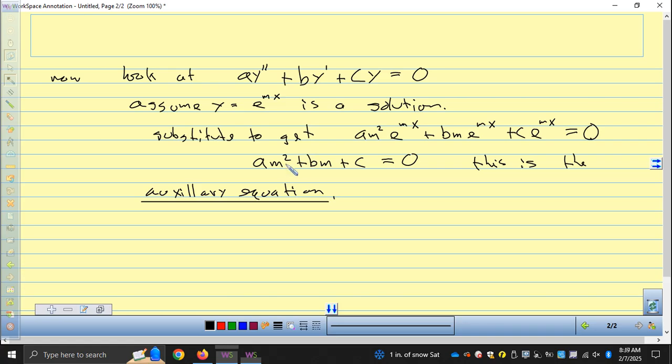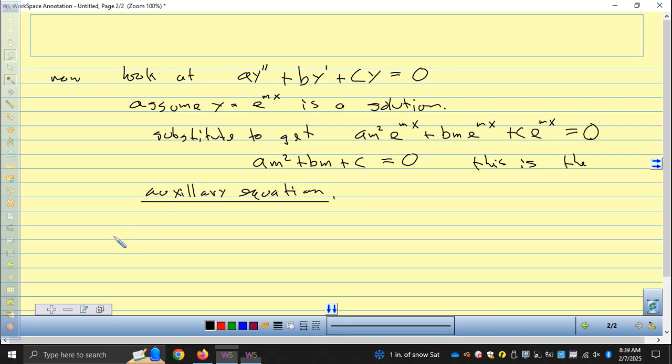So m squared corresponds to the second derivative, m corresponds to the first derivative, and our constant corresponds to just the function, the 0th derivative. And since this is a quadratic equation, we can either factor or use the quadratic formula to solve for m.